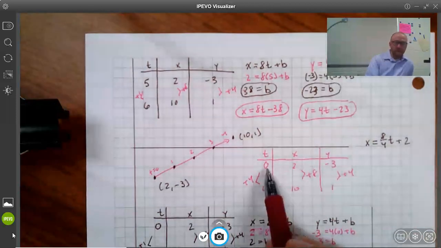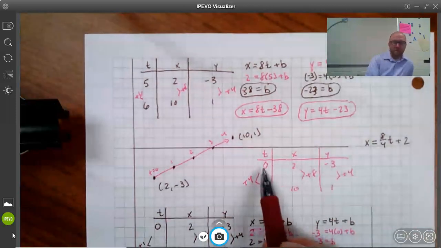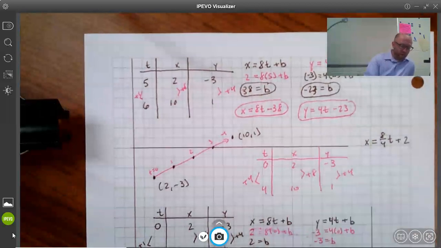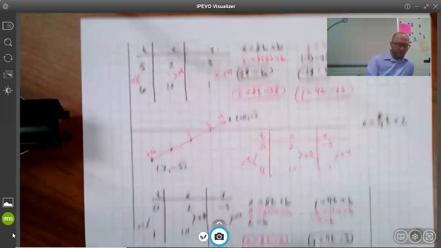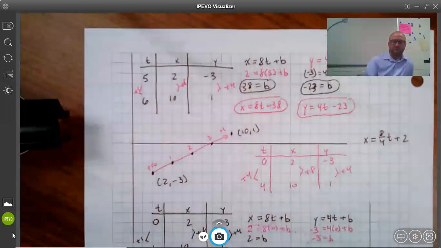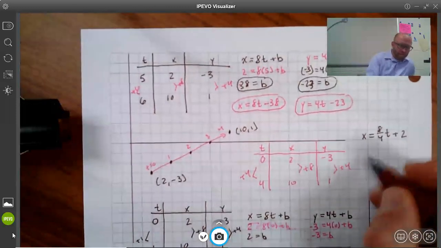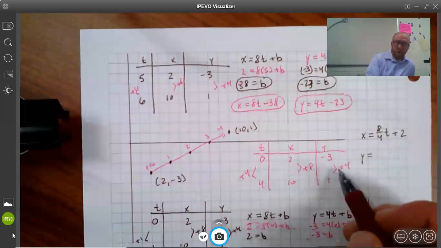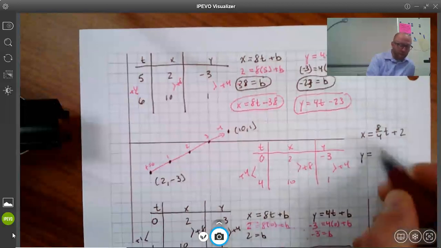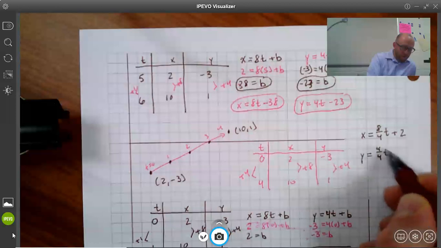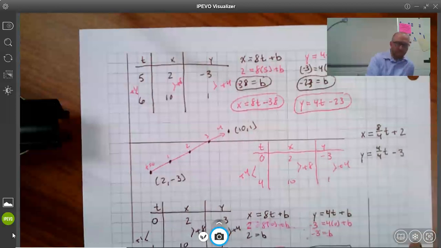And because we know where the 0 t is, it's at x equals 2, we don't have to really go through that process of all that we did down here if we know where the 0 is. Now, for y, the rate of change of y is 4 units of increase on the y-axis for every 4 units of time. So that's going to be 4 over 4t minus 3.